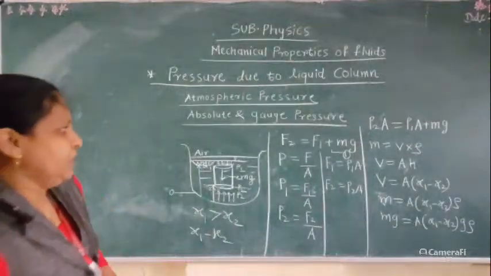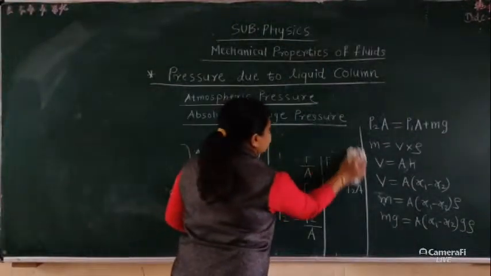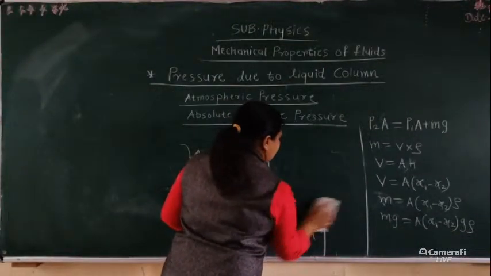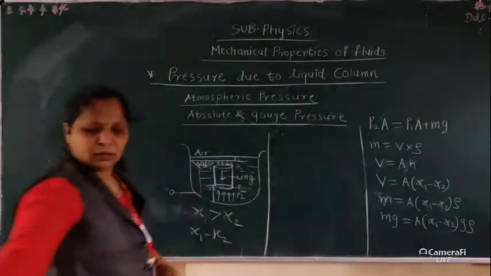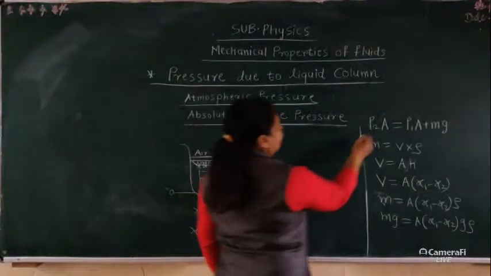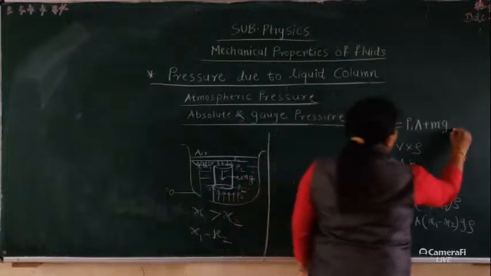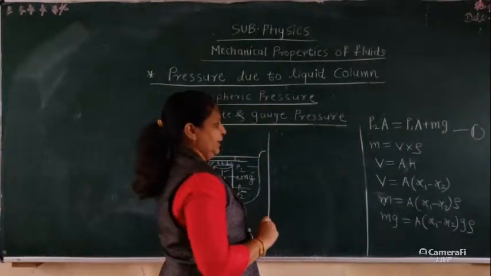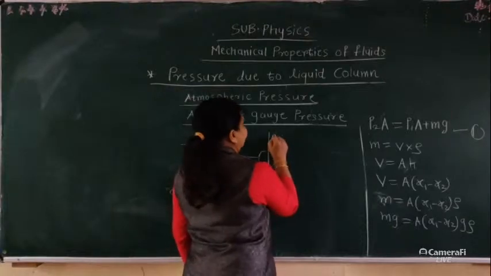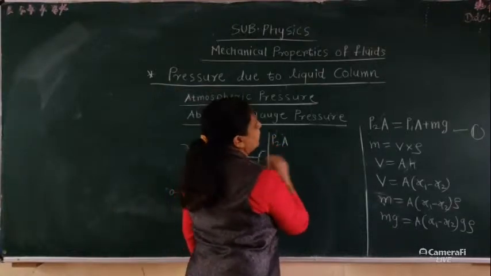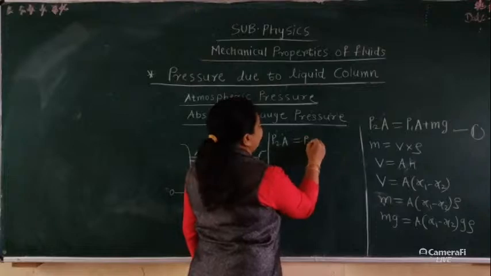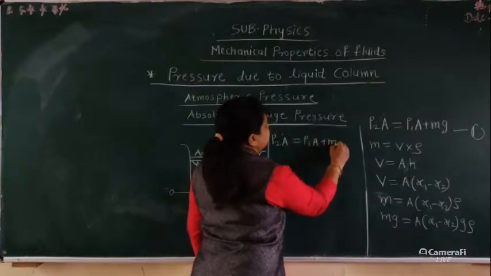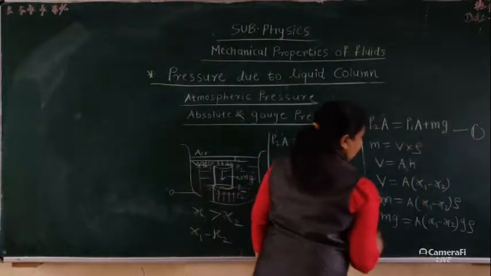So total equation बघणार आहोत आपण. पहिलं इक्वेशन जे मिळालेले आपल्याला, P2A is equal to P1A plus mg. So equation number 1.